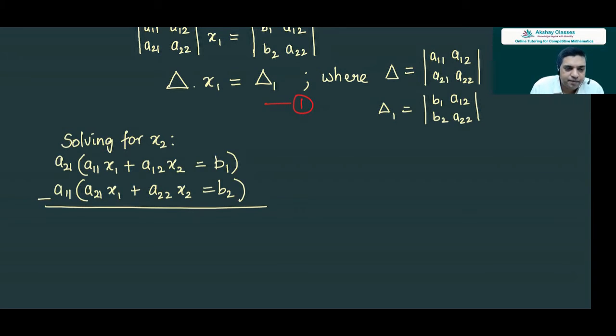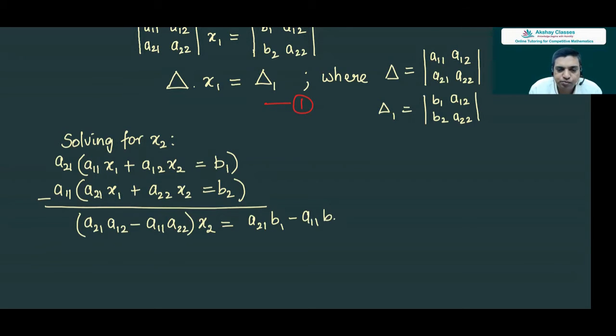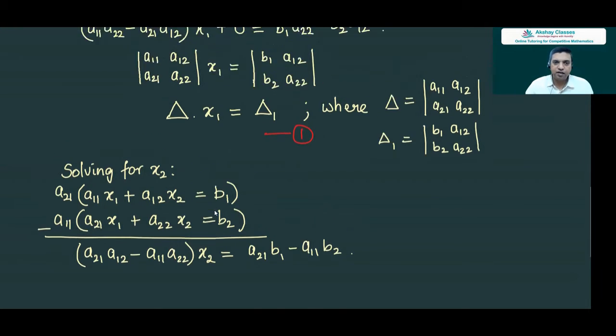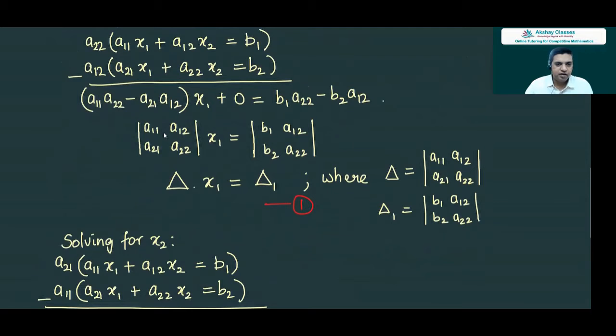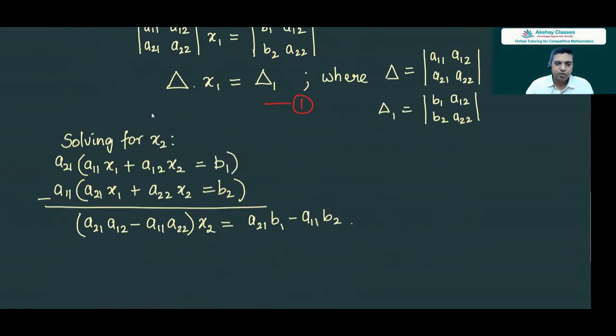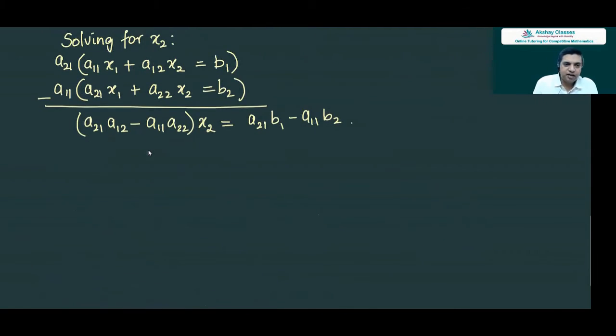Then we get (a21 a12 minus a11 a22) times x2 is equal to a21 b1 minus a11 b2. Now just to keep the same determinant as in equation 1, we multiply with a negative sign throughout, both sides.